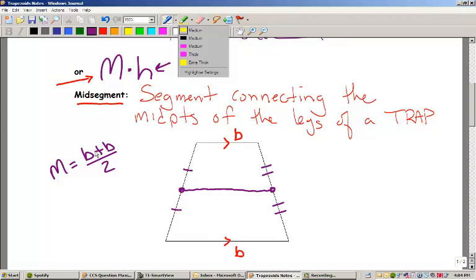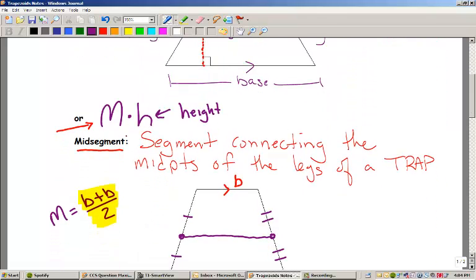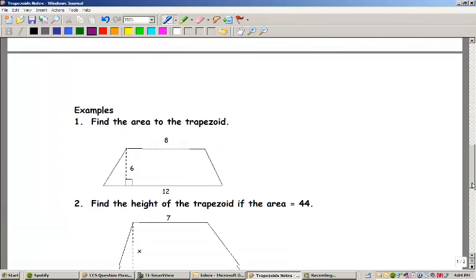Now if you take a look up above, this part of the formula is up here. So you can kind of see how it is derived. The base plus base over 2, that is your midsegment. And then you just multiply it by height. So more than likely we're going to use one of these to find the area. Just make sure that you also understand how to find the midsegment and that there is a second formula.